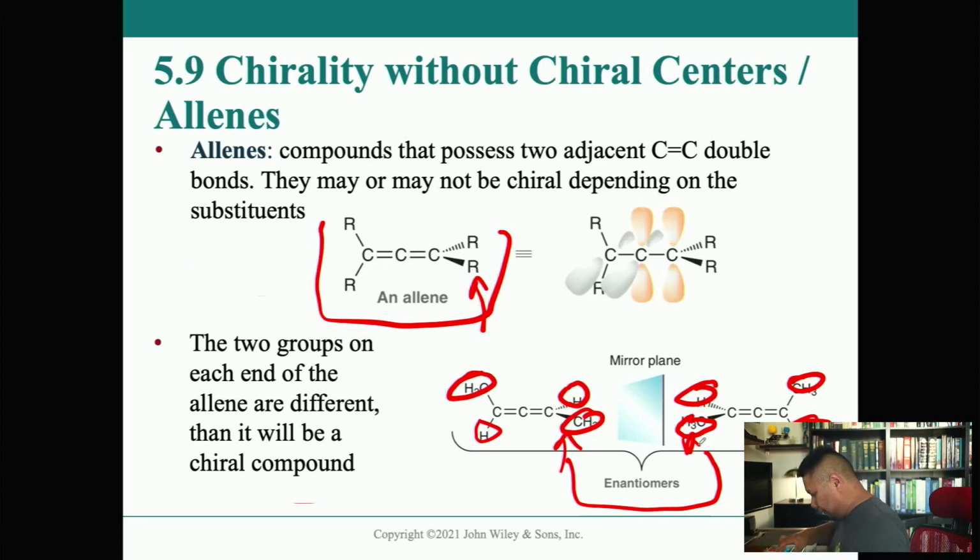Okay, here we go. Four bonds, two carbons. Three carbons.